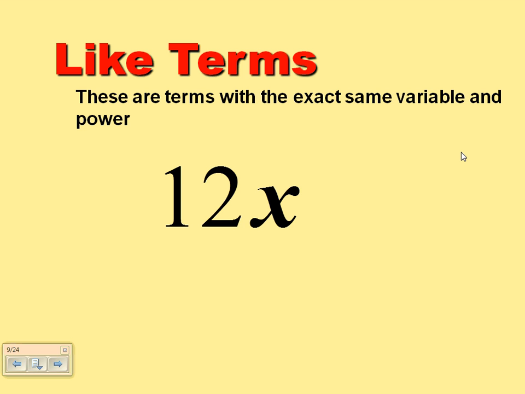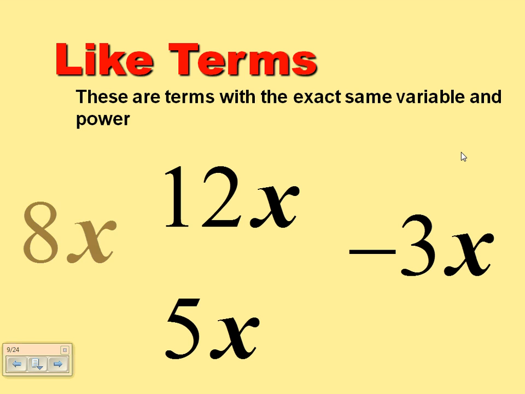So you have 12x, negative 3x, 5x, and 8x. All of these terms are like terms because they have the exact same variable, x, x, x, and x. Okay? And exact same power for each one of them. The only thing that is different are the coefficients.